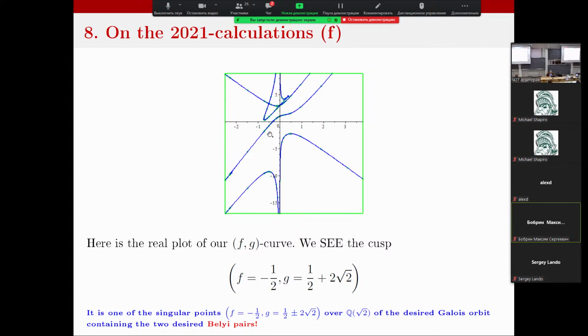And you see the isolated point, so it means the other sign of the square root of 2. Yeah, that's what I thought, but what about the answer, I don't know.